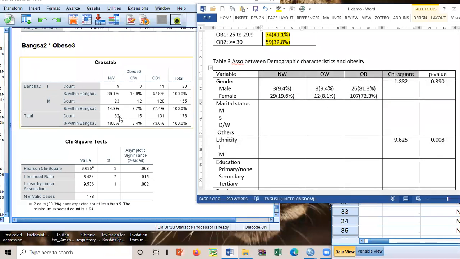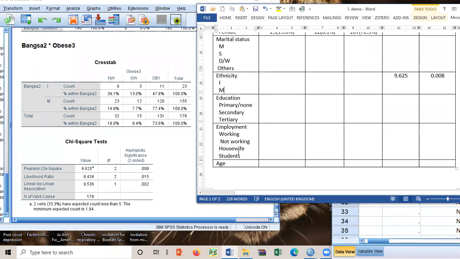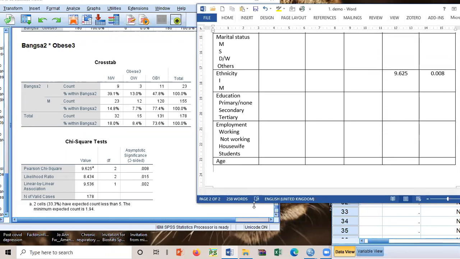So who's more obese? Don't mention everything. Look at the obese now. Who is more likely to be obese? Malay. Among the Malays, right? There was a significant association between ethnicity and obesity.